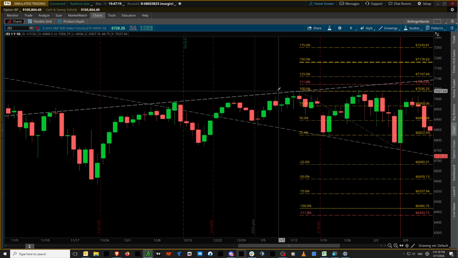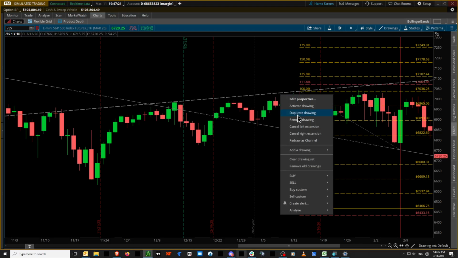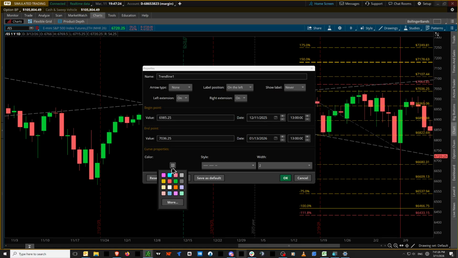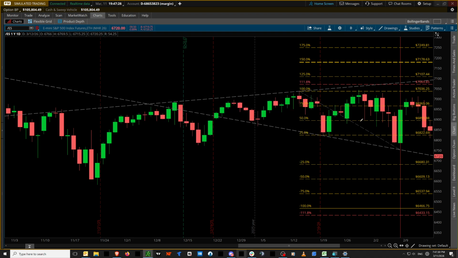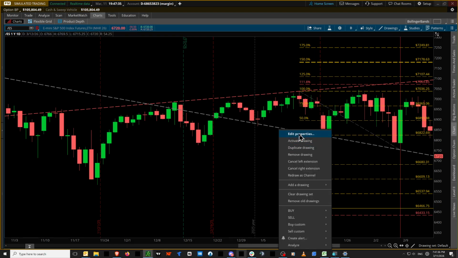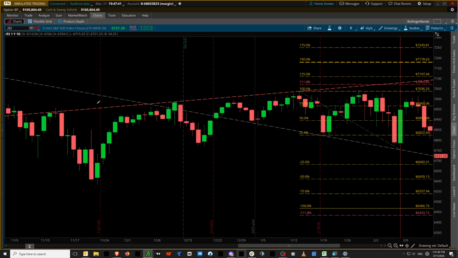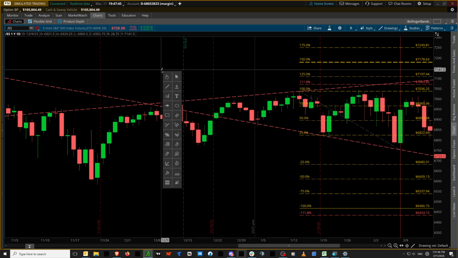Hang on. First of all, let me turn these lines to red so I don't lose them. There's the highest high. Here's the lowest low. Now let's try that again.